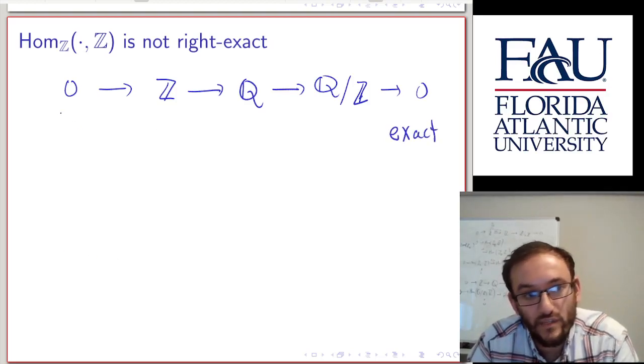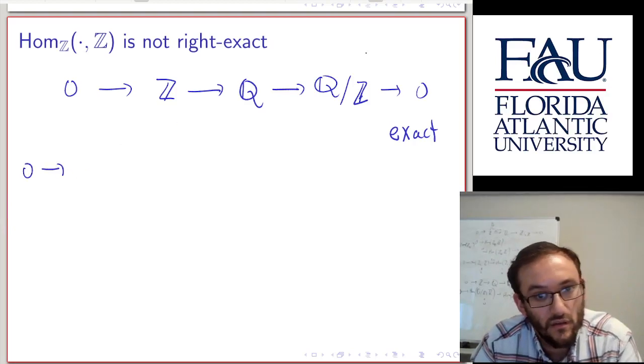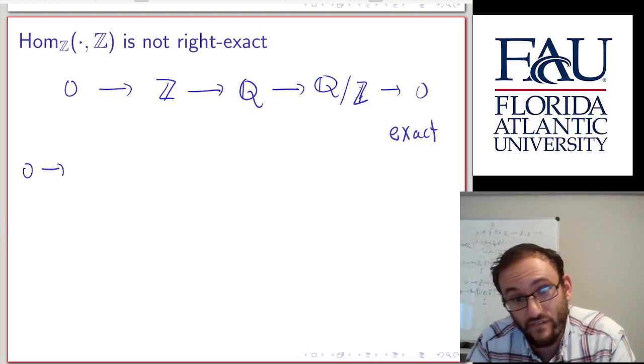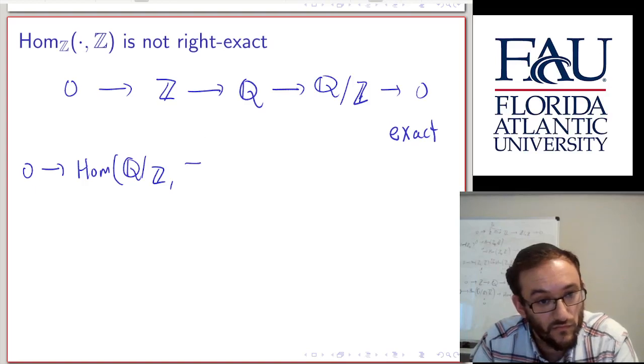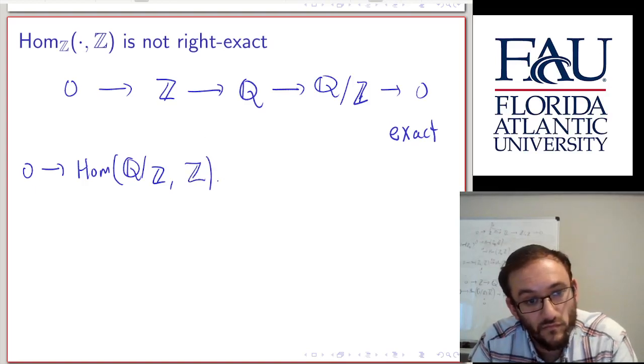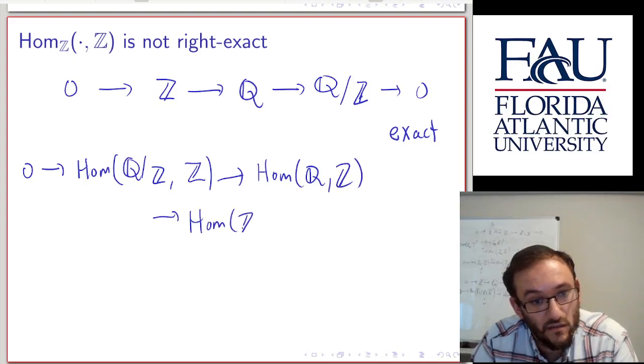But now what happens when we apply this functor? So we get 0 maps to, and again, this is a contravariant functor, so we're going to have this one come first, Hom(Q/Z, Z), maps to Hom(Q, Z), maps to Hom(Z, Z), maps to 0.